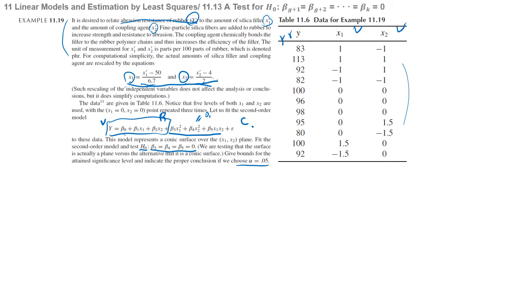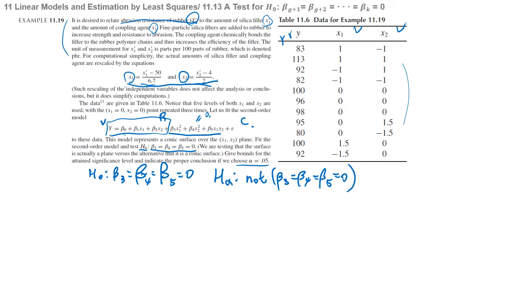Okay, after reading this problem, the first thing you have to do is write down the hypothesis. The null hypothesis is beta 3 equals beta 4 equals beta 5 equals 0, and H alternative is not beta 3 equals beta 4 equals beta 5 equals 0.